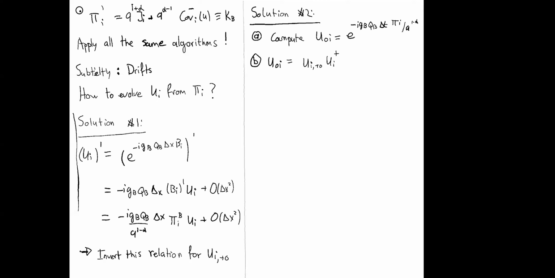And this gives you another expression, U_i plus 0 equals U_0i U_i. So this is kind of a nice trick to do also, but it's easy for SU(2), sorry, easy for SU(2) because you have an explicit expression for this exponential map.